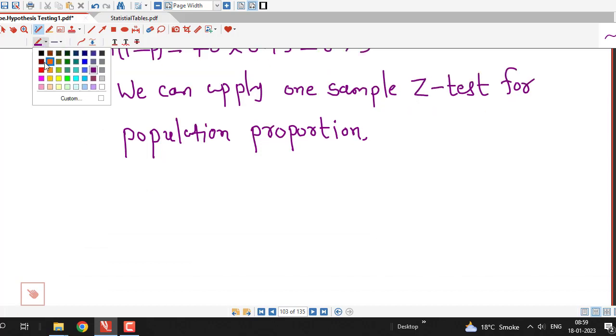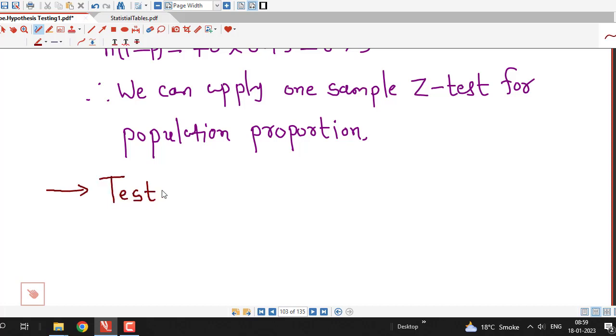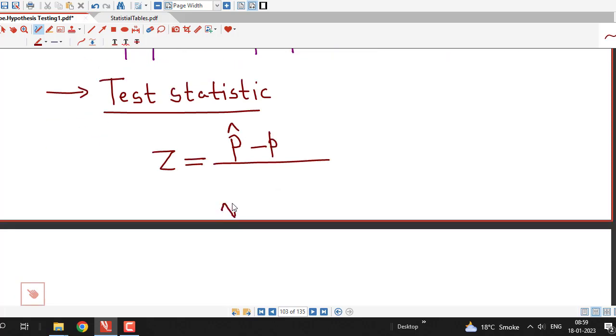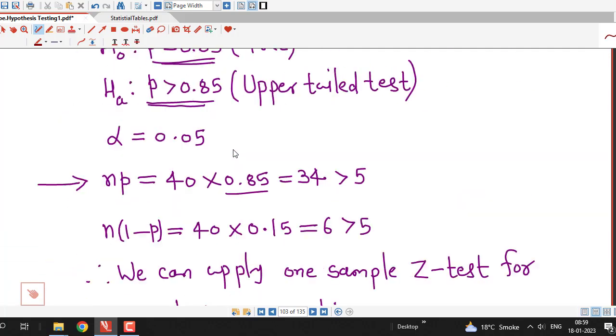And now we are familiar with the formula of the test statistic for one sample Z test for population proportion. Capital Z equals sample proportion P hat minus population proportion p, divided by the square root of p times 1 minus p divided by n, where P hat is the sample proportion.